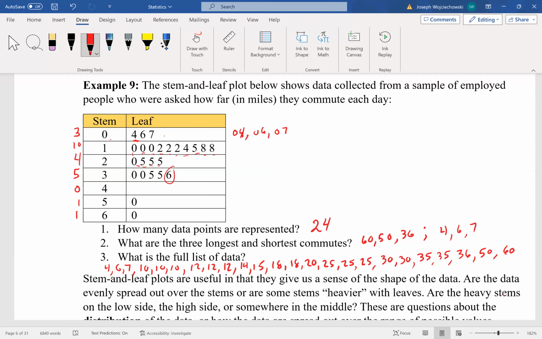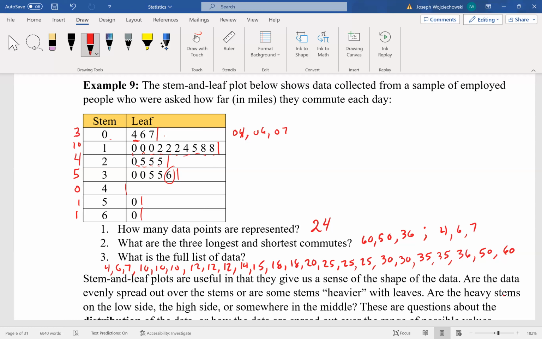So if you turn it on its side, it kind of represents a bar chart. Here's a bar from 0 to 9, and then from 10 to 19, 20 to 29, 30 to 39, nothing here, and then 50 to 59, and 60 to 69.